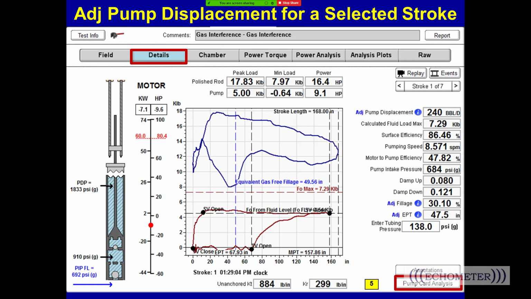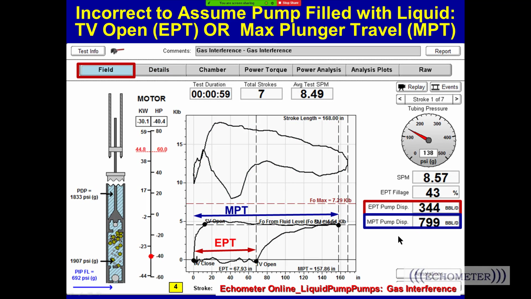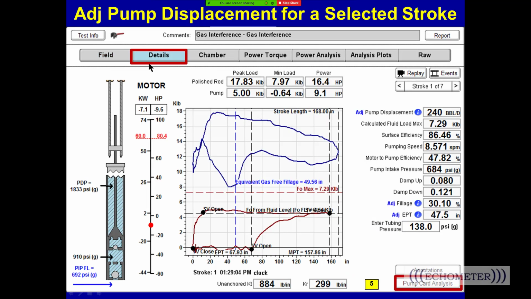So what we have on the details tab is different from these two pump displacements on the field view. These assume all liquid inside the pump. Here on the field details view, we have gone through some adjustments. We're adjusting the pump displacement, the effective plunger travel, based on free gas in the pump at the discharge pressure, the volume, which takes up this many inches of stroke, and also the slippage.